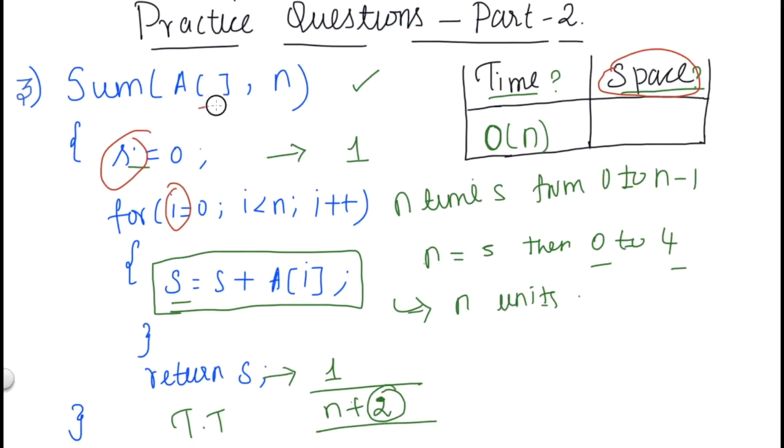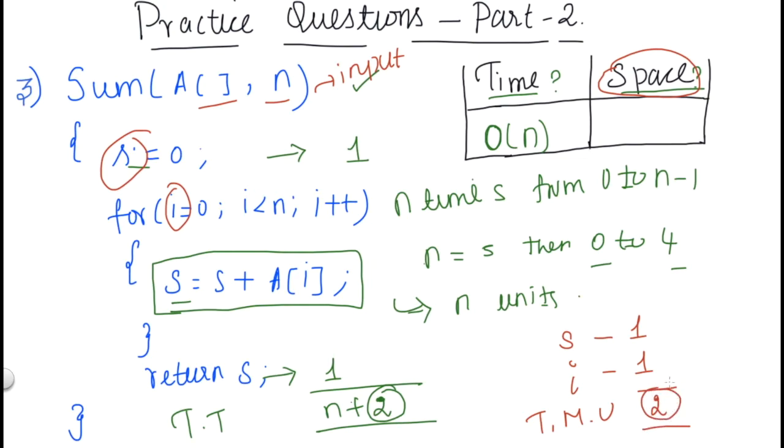See here, this array A and N is input. So leave those variables. Other than that, we are having variables S and I. And each one will take 1 unit of memory. And the total memory unit is 2, which is constant. And therefore, space complexity of this code segment is order of 1.